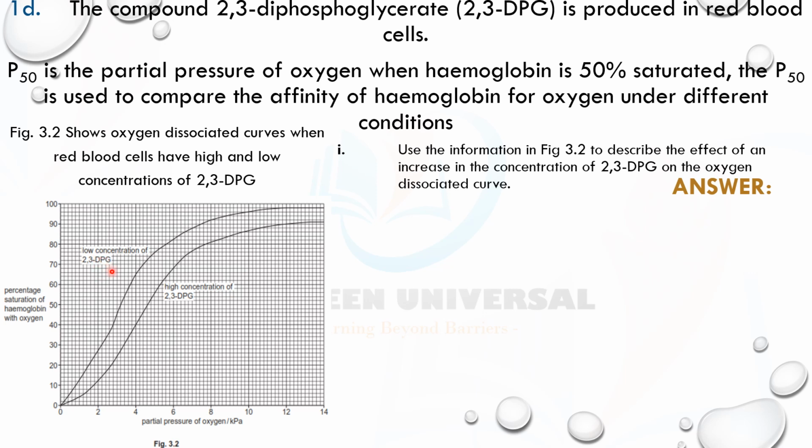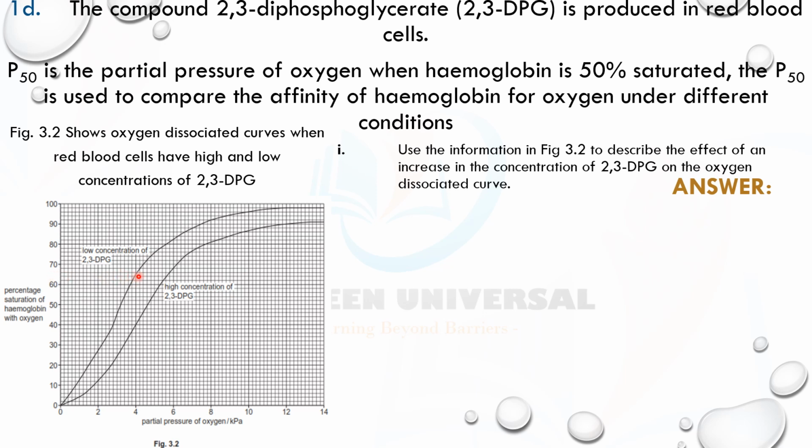At low concentration of 2,3-DPG, hemoglobin combines more with oxygen, and that is why, if you follow this, you can see it at low concentration. Do you get? So if I use a partial pressure of 4 now, the percentage saturation is about 66 or thereabout.